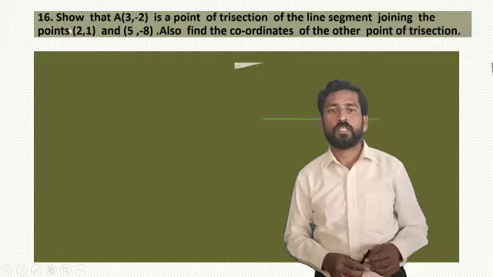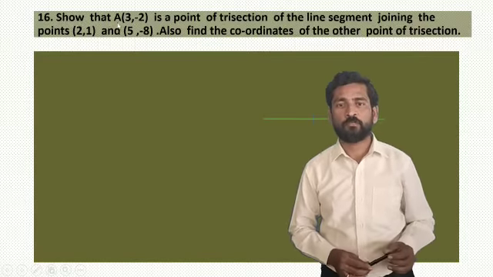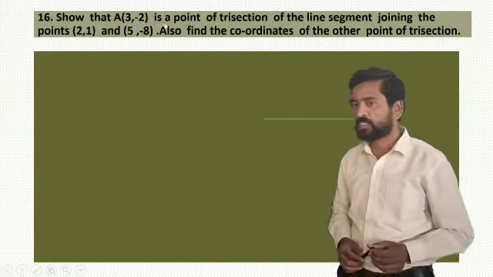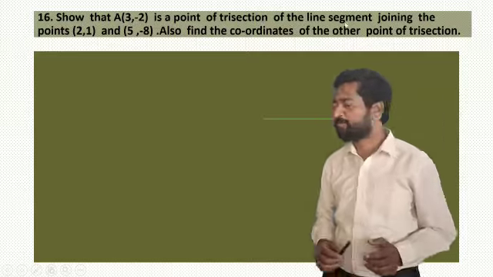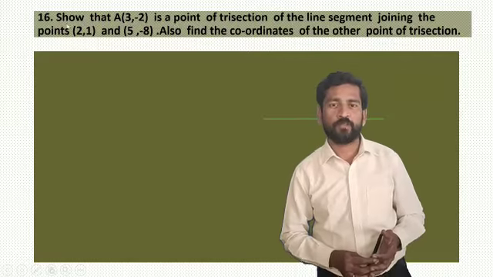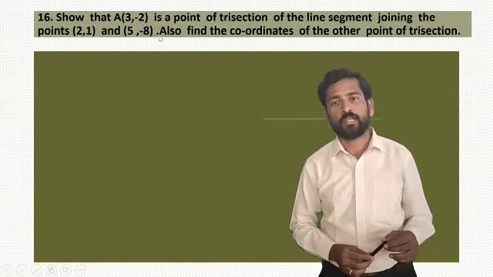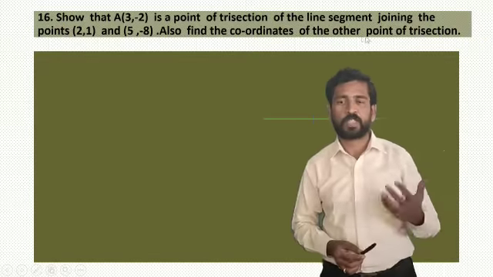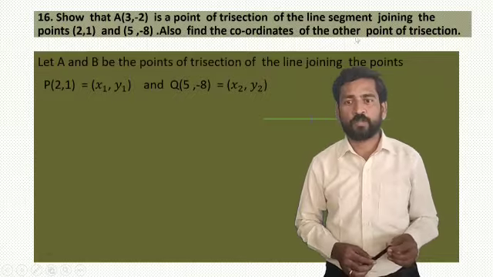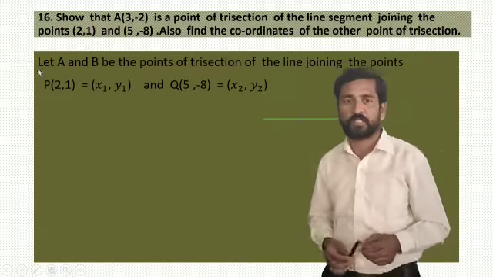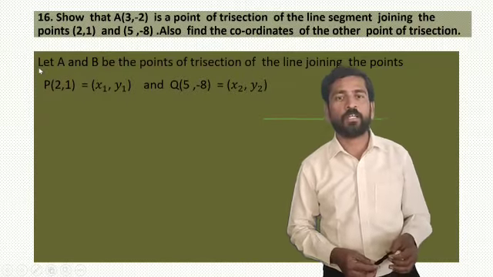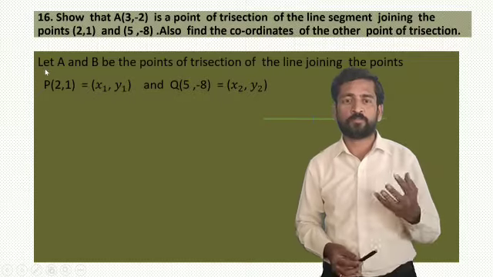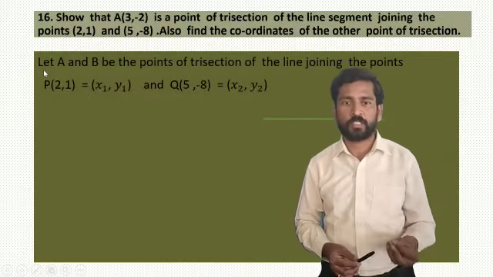16. Show that A of (3, -2) is a point of trisection of the line segment joining the points (2, 1) and (5, -8), and also find the coordinates of the other point of trisection. We know that trisection means we need two points which divide the line segment. So one point is already given, A of (3, -2), which we have to prove whether it is a point of trisection or not.